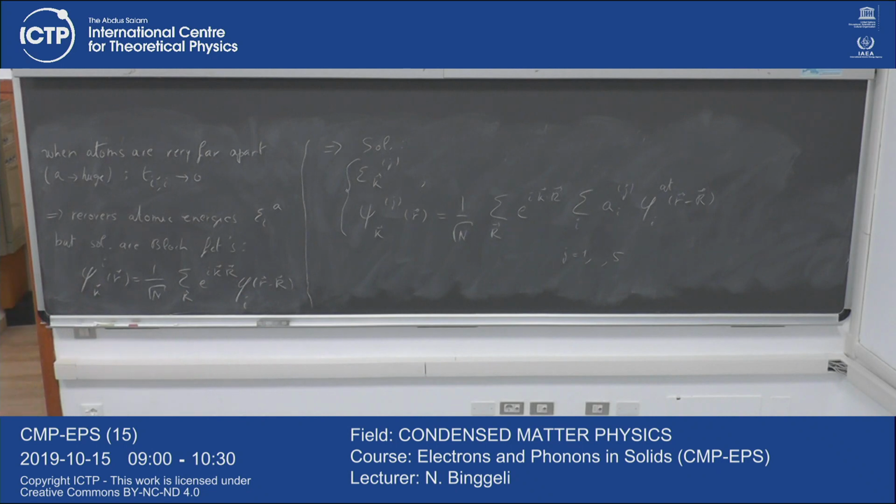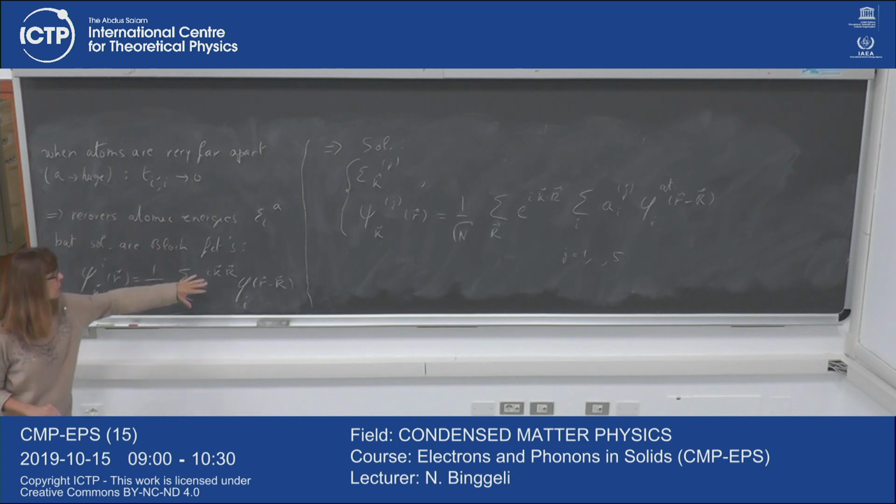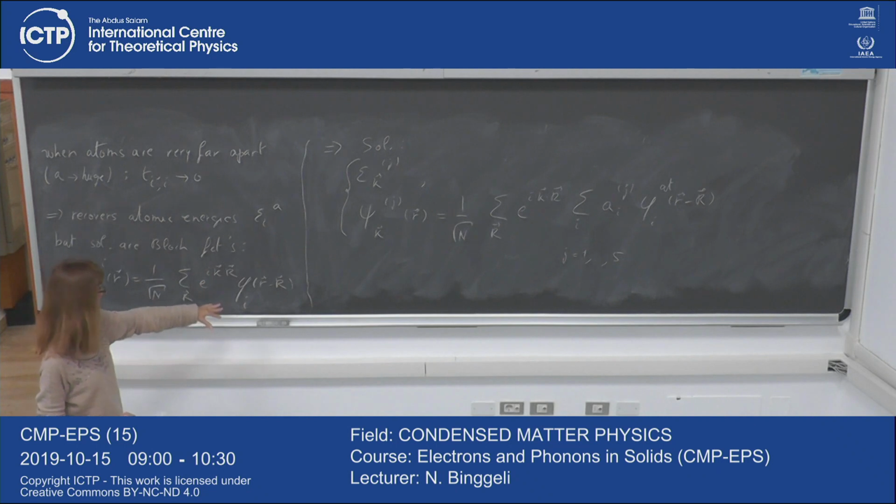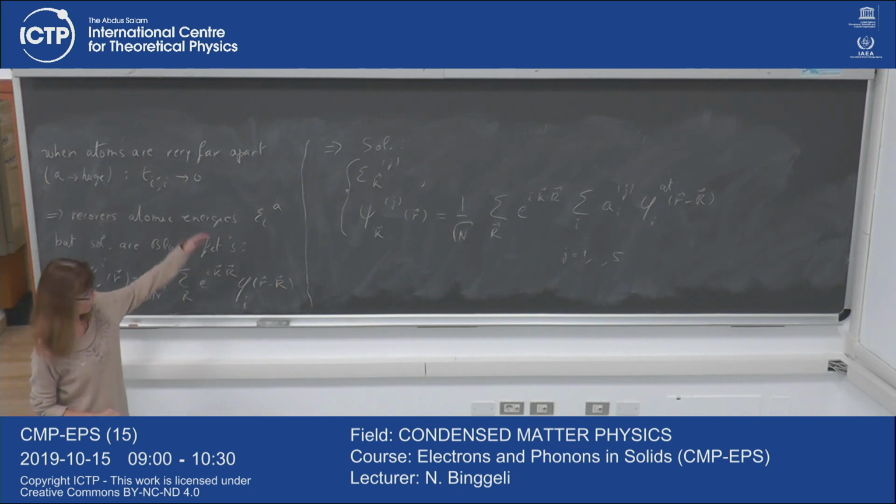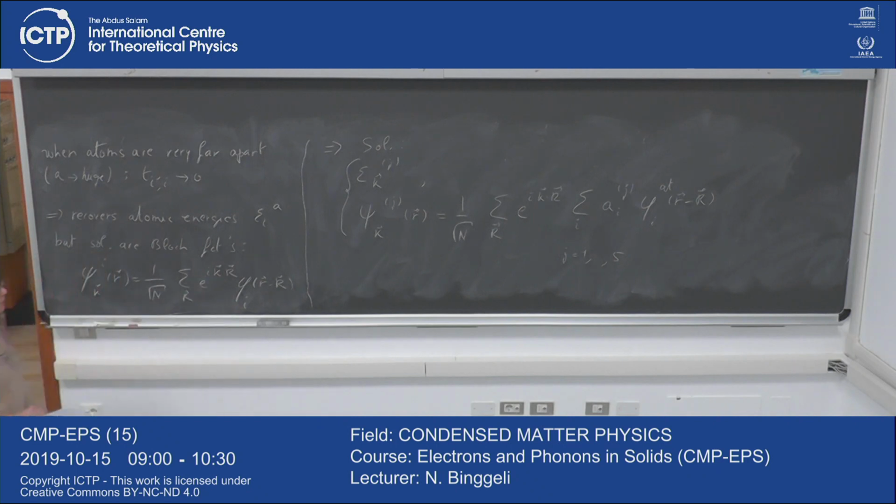I mean, this corresponds to Bloch states which have probability over the whole crystal. So the energy will be a flat band, and the crystal state will just be a linear combination of the atomic orbital, for instance the 1s, with this phase that is needed to have a Bloch state. Okay? So the energies are the atomic energy, and the wave functions are these tight binding states.